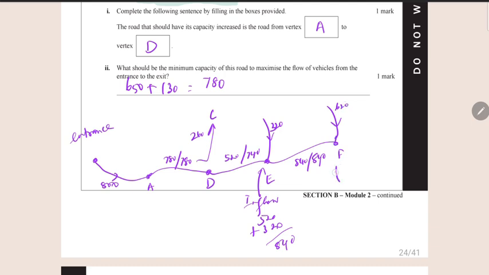So the inflow at this point would be 620 plus 840, which is 1460, which could have also gone through here because its capacity is 1500 to the exit. Thank you.